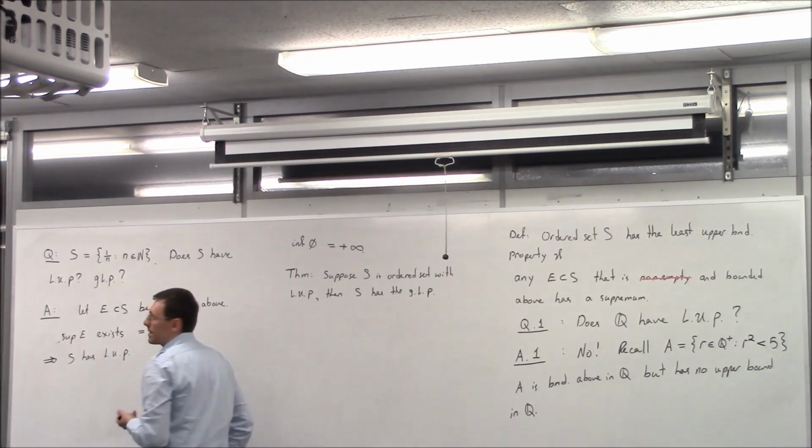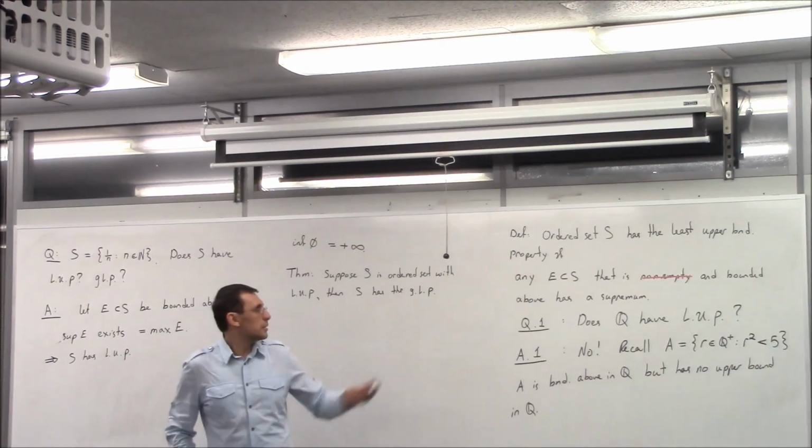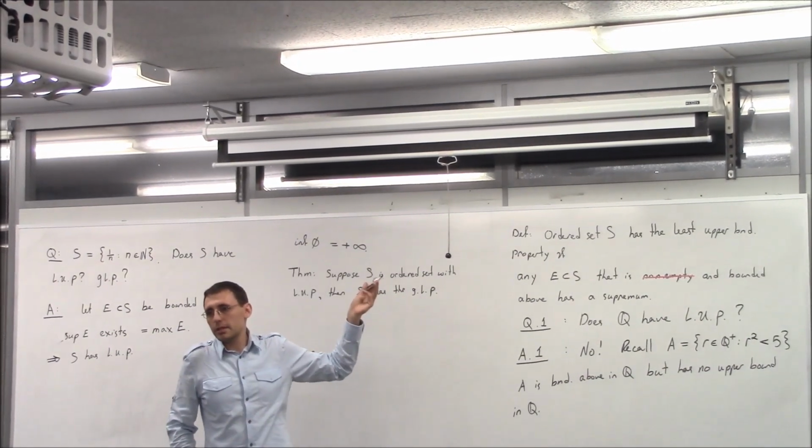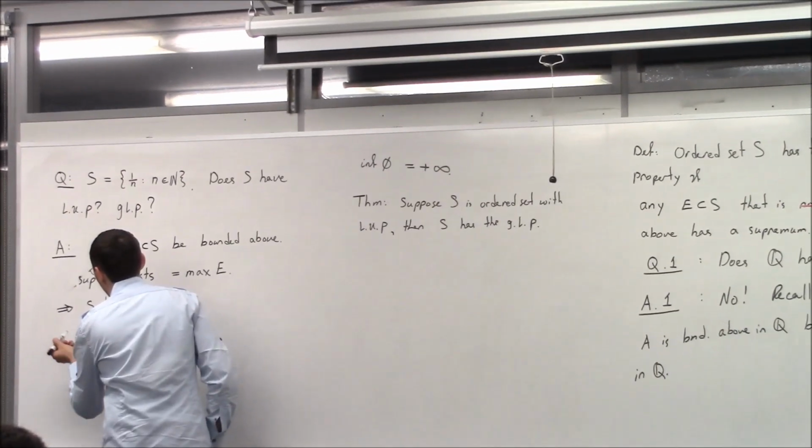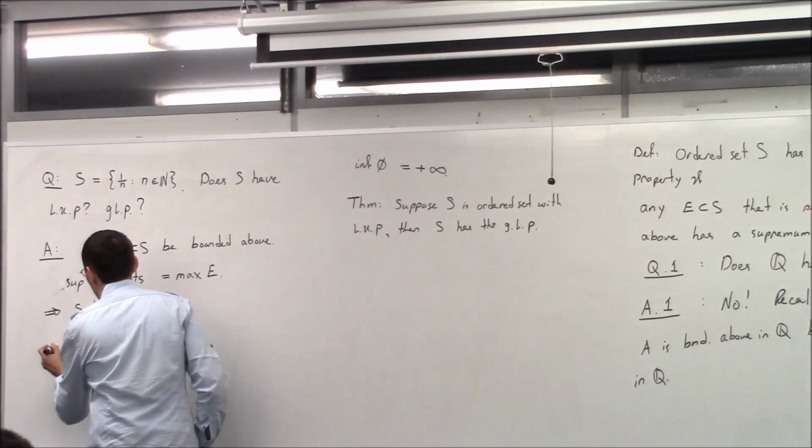Does it have the greatest lower bound property? Well, if you prove this theorem, obviously. But think about it. The greatest lower bound property also exists.